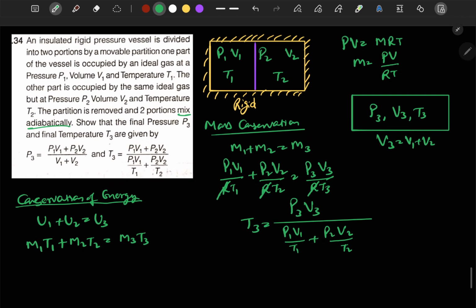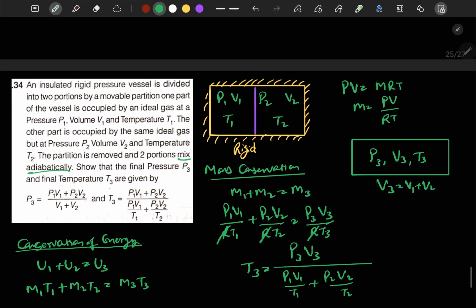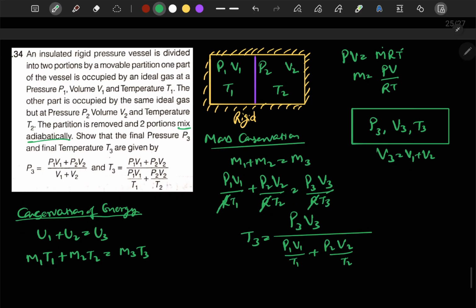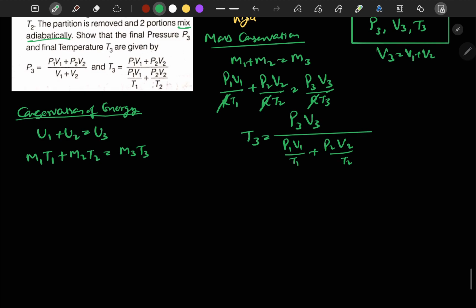From the ideal gas equation, m into T is directly proportional to PV upon R. So we can write P1V1 plus P2V2 is equal to P3V3. From here we obtain P3 is equal to P1V1 plus P2V2 upon V1 plus V2.